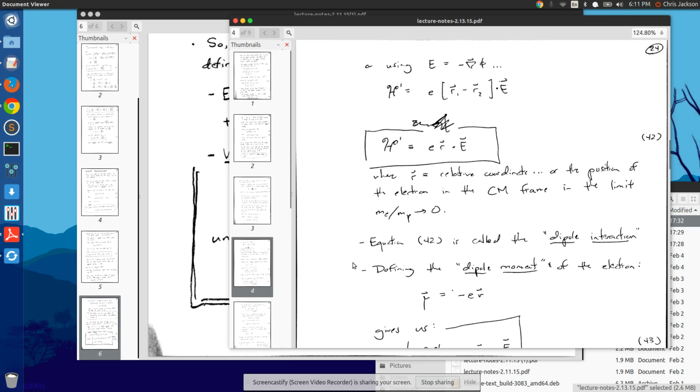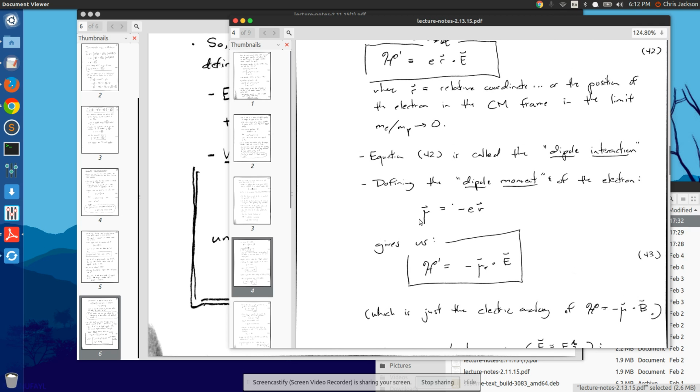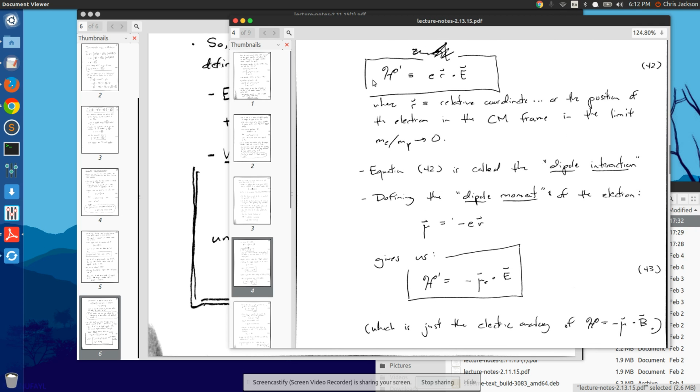We always take the limit that the electron is much less massive than the proton, so this ratio goes to zero. In the center of mass frame, the proton is basically sitting at the origin. And this is what we call the electric dipole interaction.